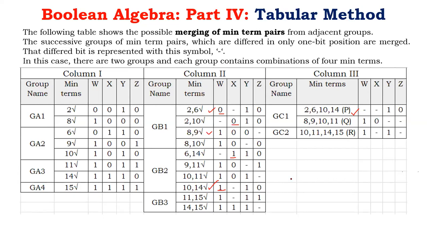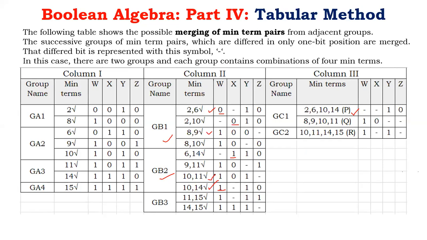So from this technique, we will get 2 6 10 14 as one element, and 8 9 10 11 as one element from GB1 and GB2. Now for GB2 and GB3, we will get only 10 11 14 15.